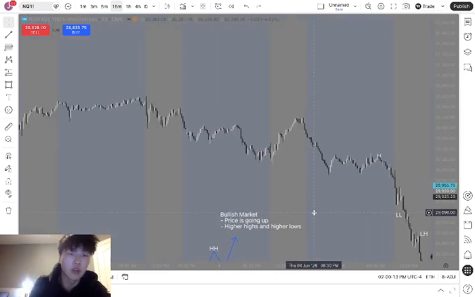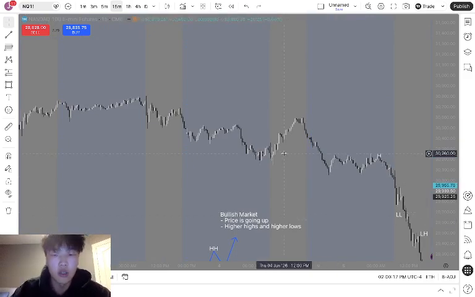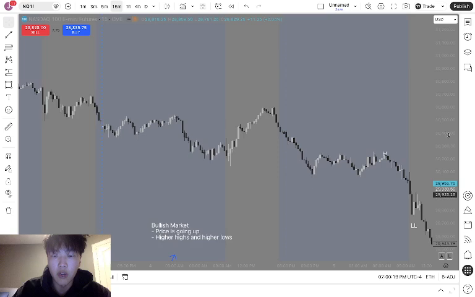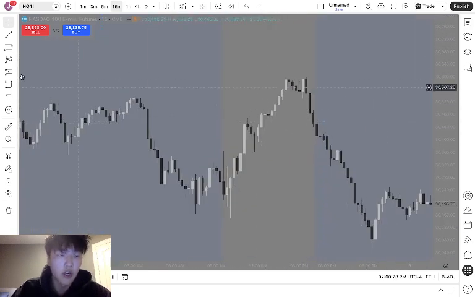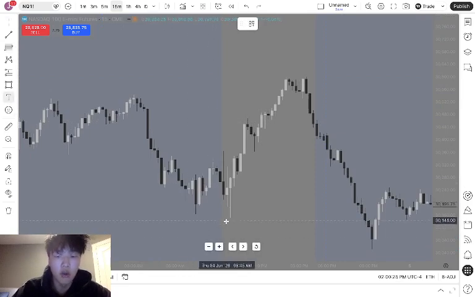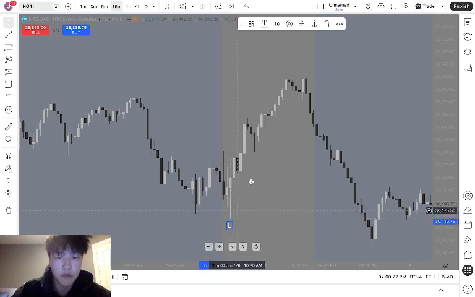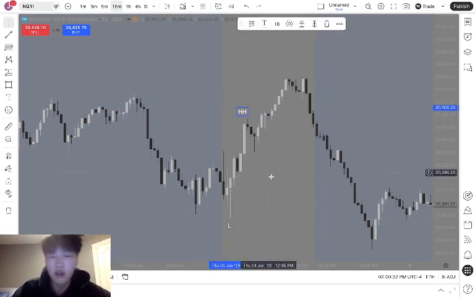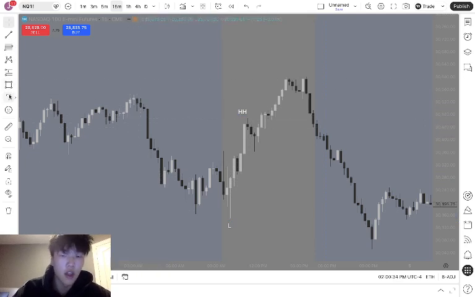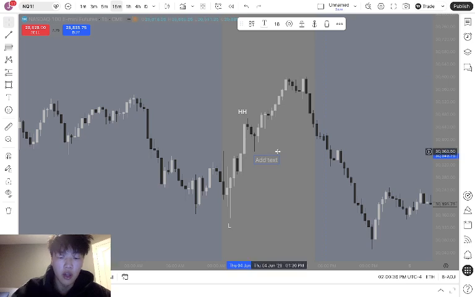But if we're going to be looking at a bullish market, let's see. Let's just go right here. Right here we have our initial low, right? We've got the first higher high, and then we've got a higher low, and then a higher high, right?